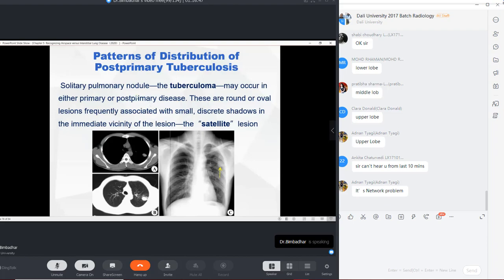There can be a solitary pulmonary nodule, where the lesion has solidified and eventually becomes a mass, which is called a tuberculoma. Tuberculoma is not a cancer. Tuberculoma is a cancer-like lesion that happens as a complication of tuberculosis infection. So that is called tuberculoma, or a satellite lesion.